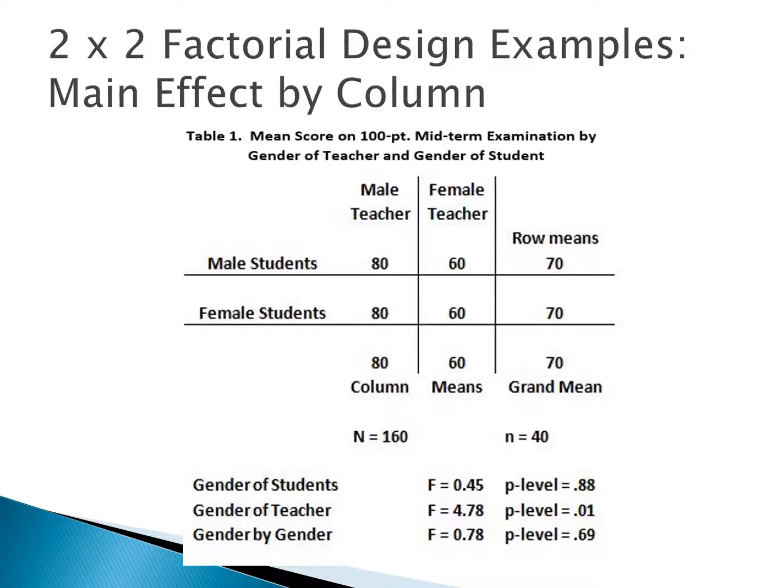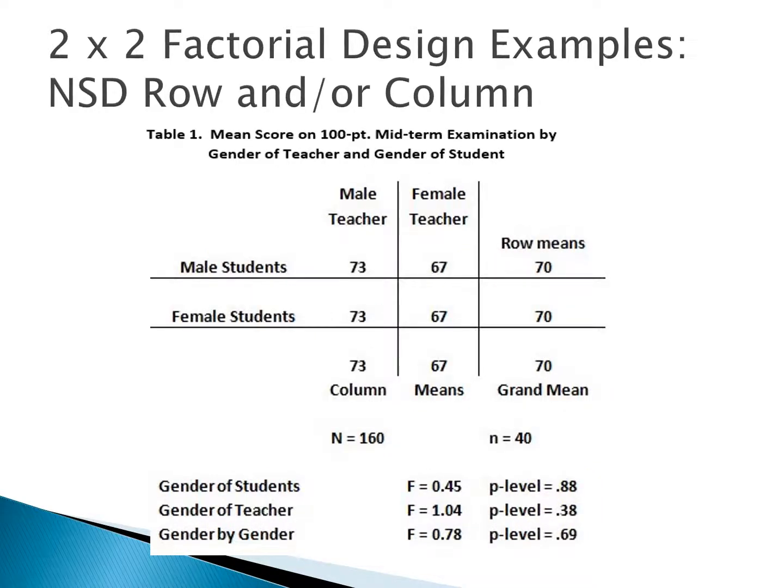Well, in this case, the male teachers' mean or average score on the exam was significantly higher than females. So you get the same actual statistical results, but opposite of what we just looked at with the male-female teacher slide earlier.